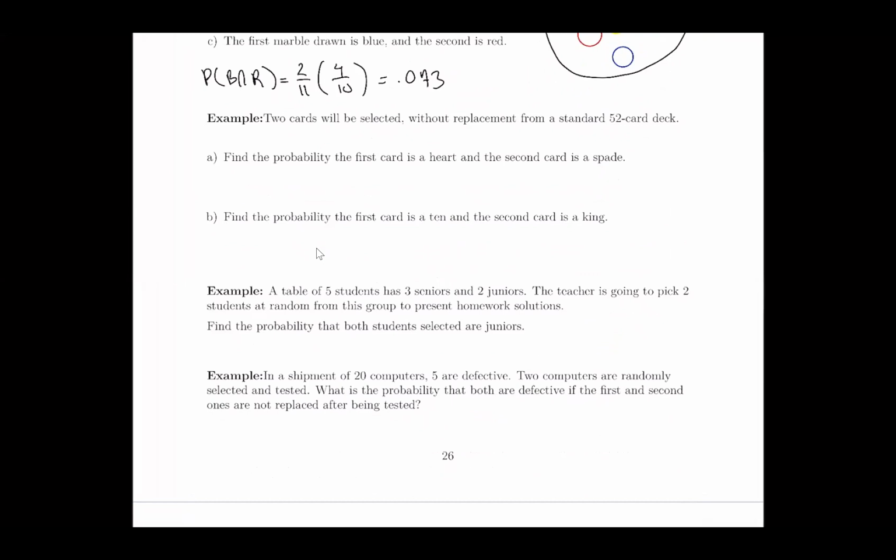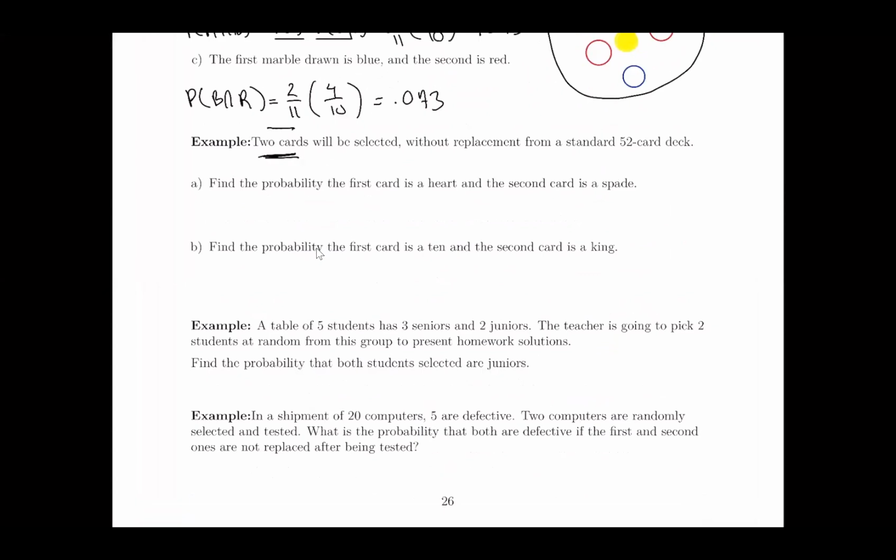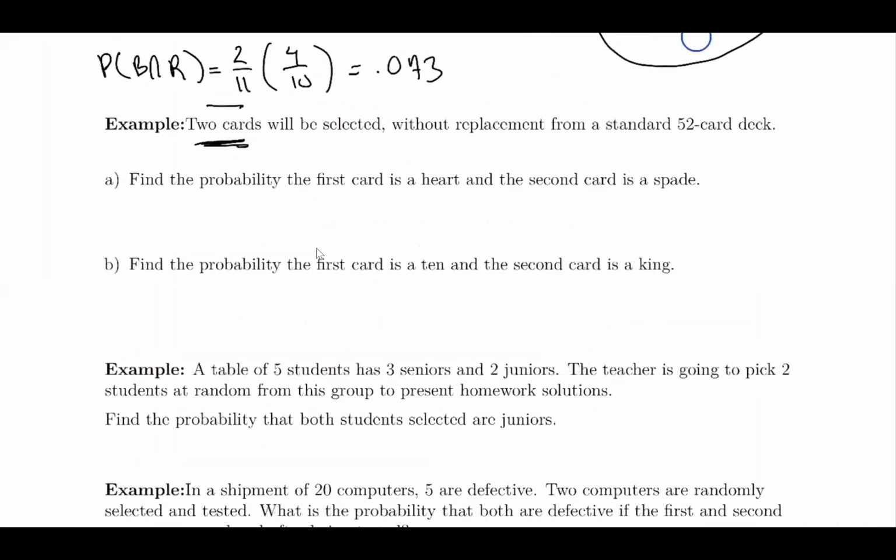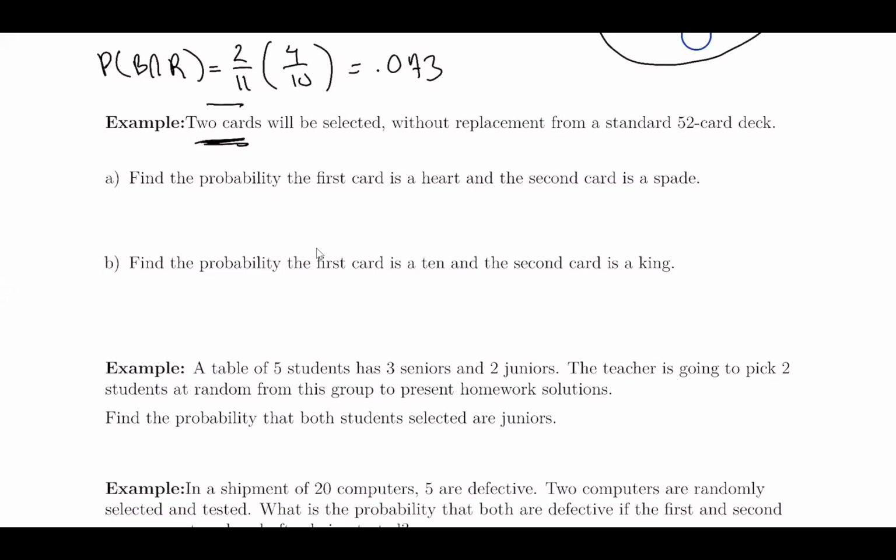All right. So if you look at it, it says 2 cards will be selected. This is very important because the 2 cards are telling me this is the multiplication rule. And then right here, they tell me without replacement, and now they're telling me they're dependent events. So that's how I know we're doing the multiplication rule for dependent events.